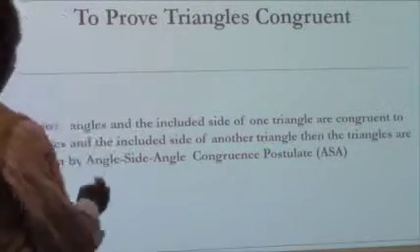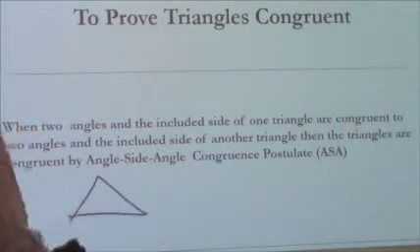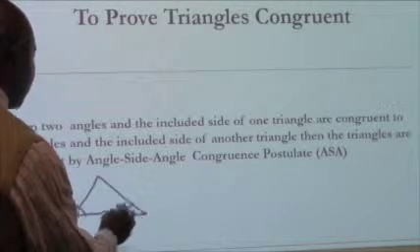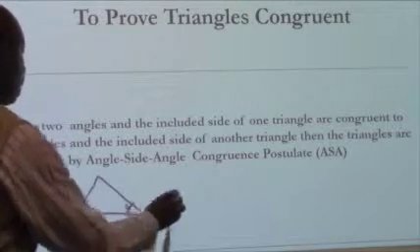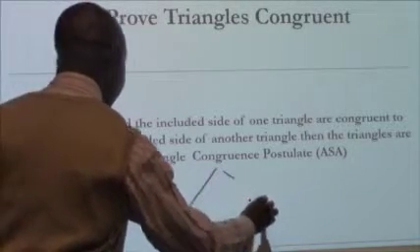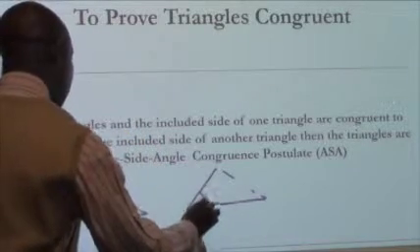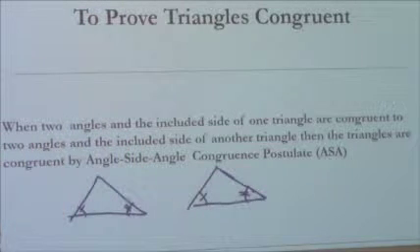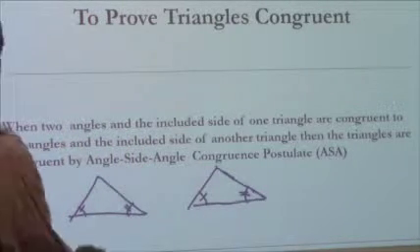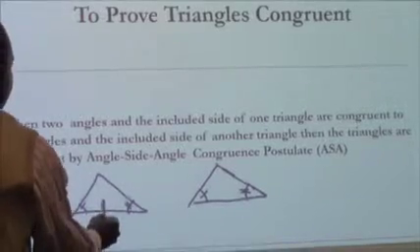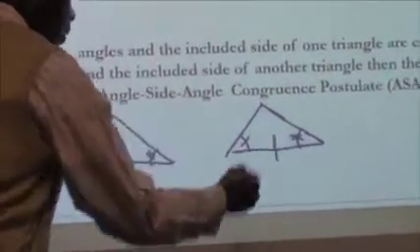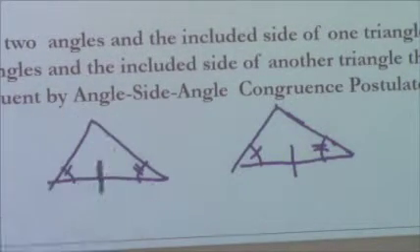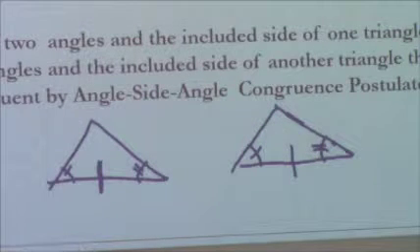It says that when two angles, say for example, I have this angle here and this angle over here, I mark this with 1 and this with 2, are congruent to this angle and that angle in that triangle, and the included side, meaning the side that is between the two angles, is congruent, then the two triangles are congruent by the angle-side-angle postulate. The side must be between the angles in this case.